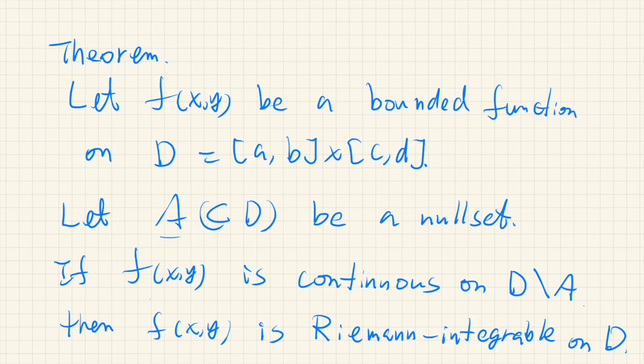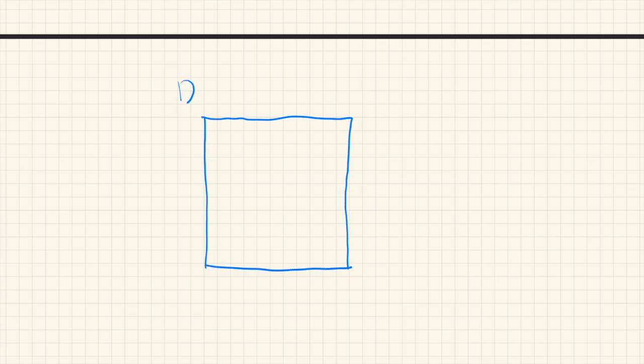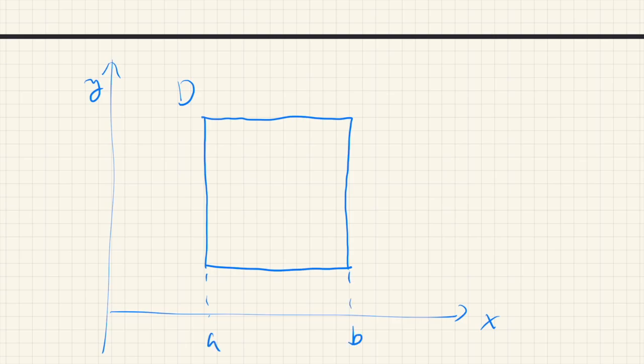So what does this mean? We are considering a function that is defined on a rectangular region. Let's say this is D. So this is x, this is y, and this is a, this is b, this is c, and this is d.